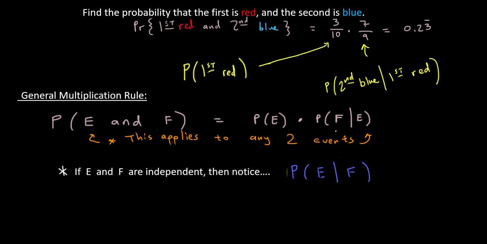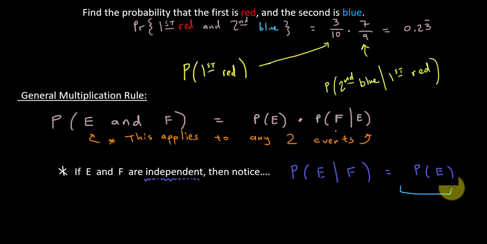Well, let's intuitively think about that. What's the probability of the second event given the first event happened? Well, if the two events are independent, then it doesn't really matter that one event happened, right? It doesn't affect their respective probabilities. So this would just boil down to, well, get rid of E. Doesn't have any influence.